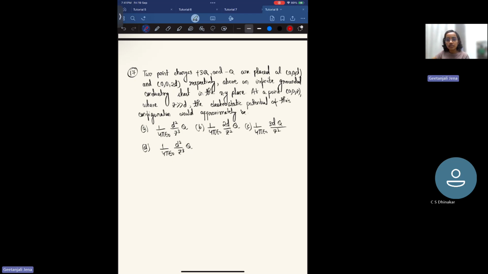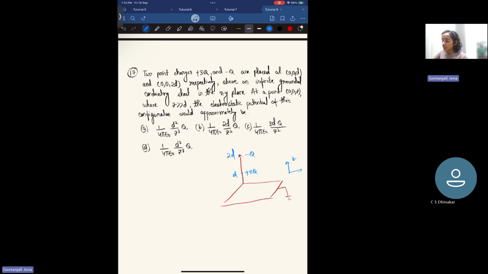Okay, for the 17th question, there are 2 point charges, plus 3q and minus q. These are placed at (0, 0, d) and (0, 0, 2d). So let me draw it. There is a conducting plane, and there are two charges: this is plus 3q at distance d, and this is minus q at 2d.